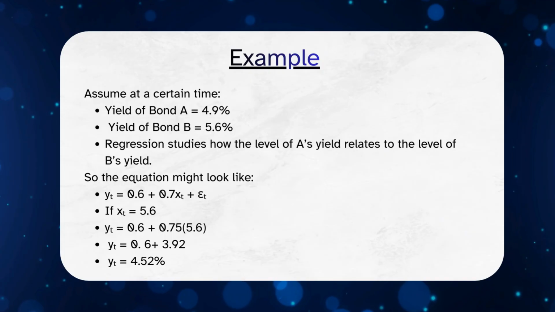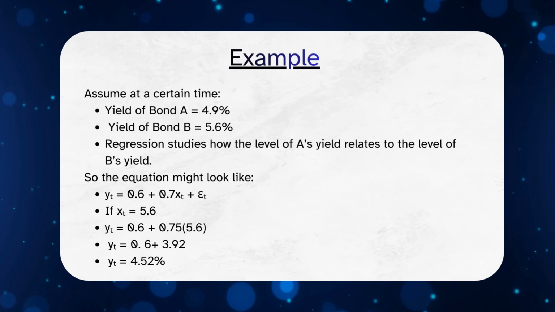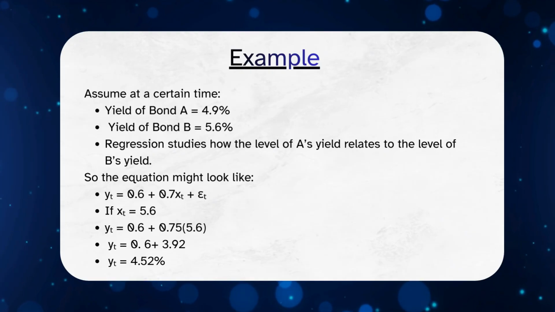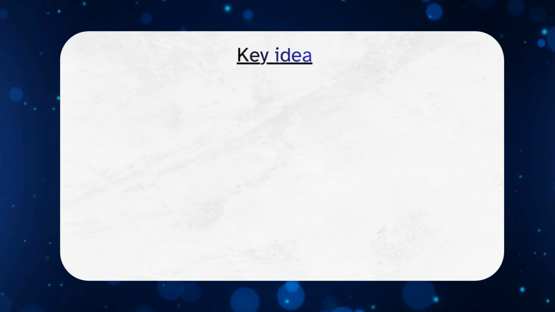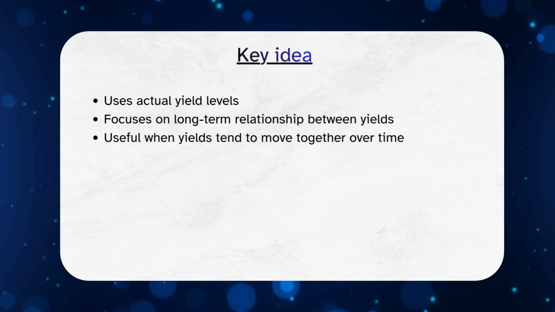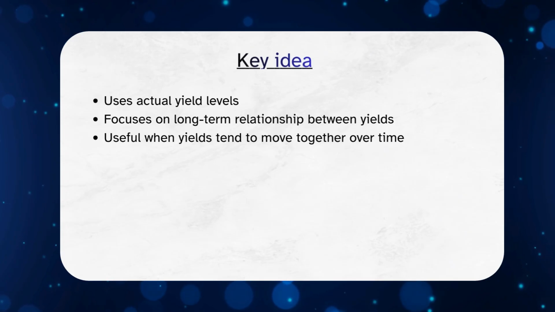If the estimated relationship is something like y sub t equals 0.6 plus 0.7 x sub t plus epsilon sub t, it means that bond A's yield tends to move with bond B's yield based on this relationship. This method focuses more on the long-term relationship between yields rather than short-term changes.